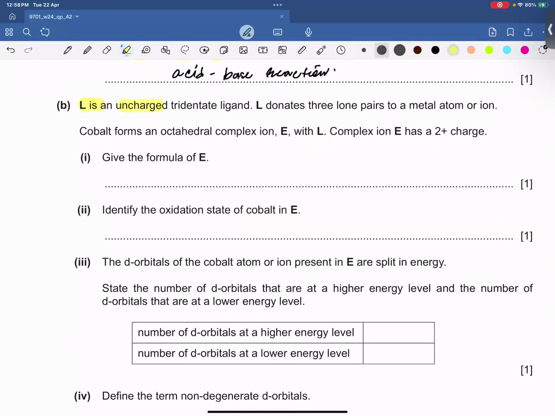L is an uncharged tridentate ligand. That means this tridentate ligand, uncharged means neutral ligand, and tridentate means one ligand donates 3 lone pairs so that 3 dative bonds are formed.